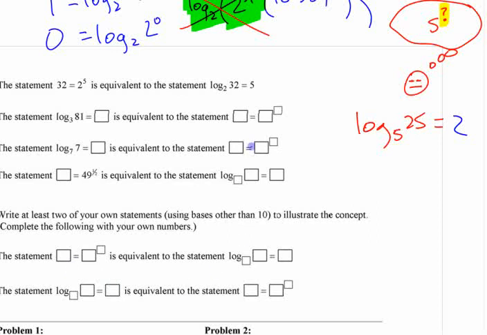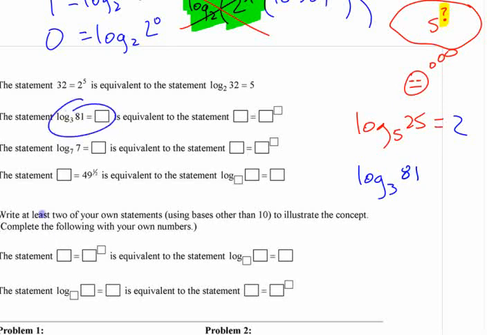So if somebody says, what's the log base 3 of 81, like what I had over there? You're thinking, what power of 3 is that number? Do you know your powers of 3? It's 4, right? That's what a logarithm is.